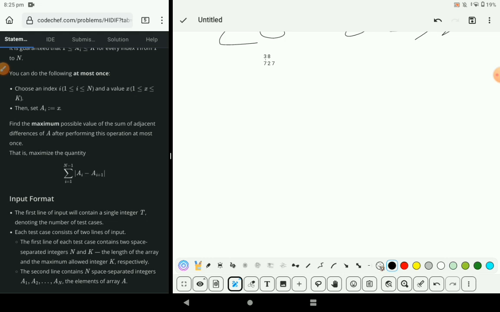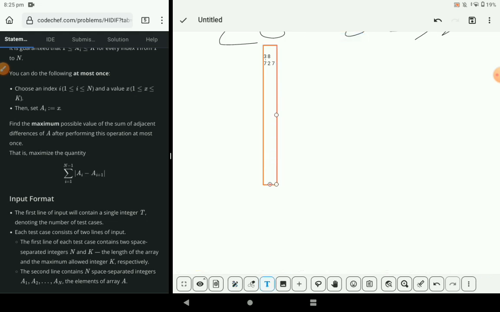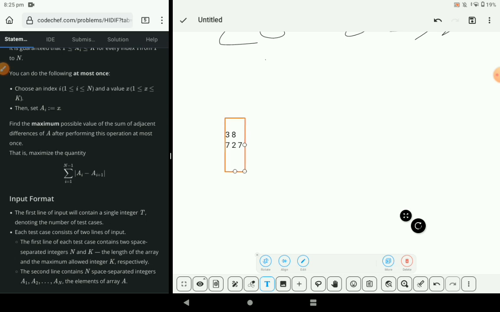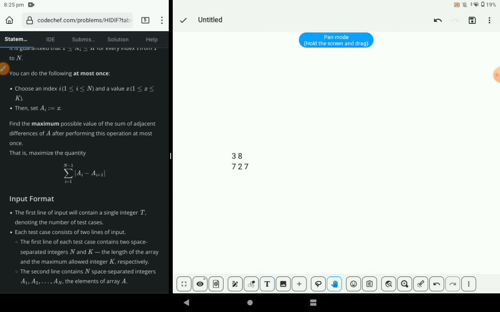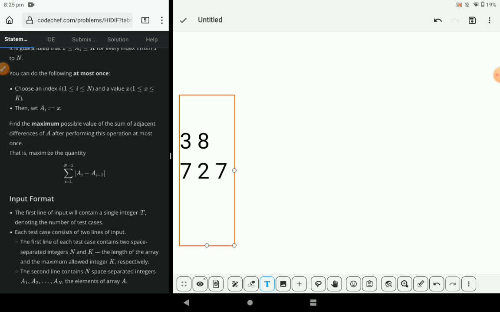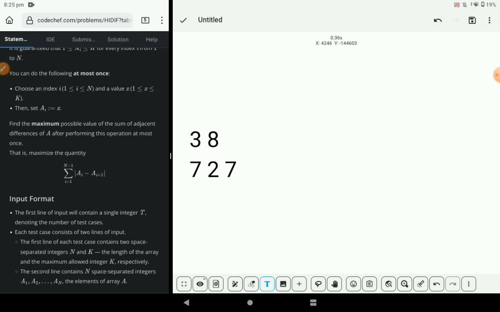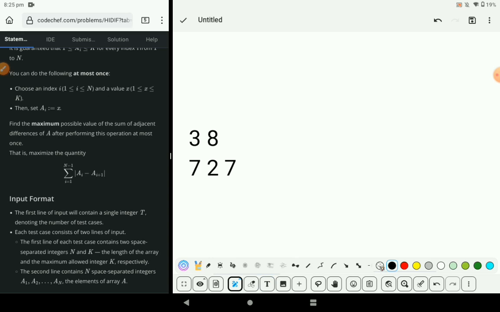Now let's take a core example of it. We have been given 3 8.